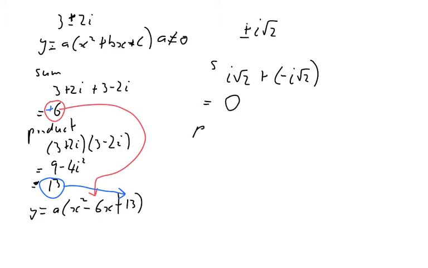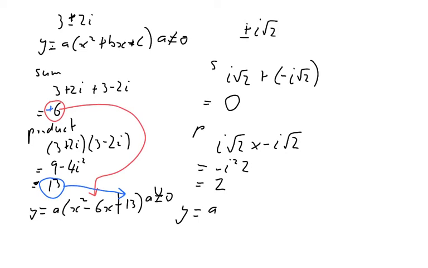So we do product now. i root 2 times negative i root 2 equals, well, we've got negative i squared times 2, which will be 2, because i squared is negative 1, so negative i squared is 1. 1 times 2 is 2, so that means our quadratic is y equals a.